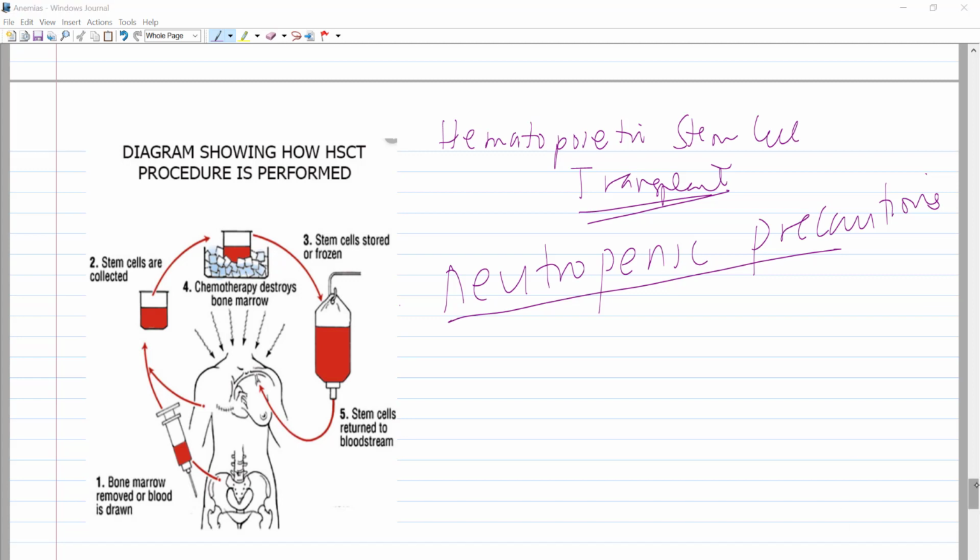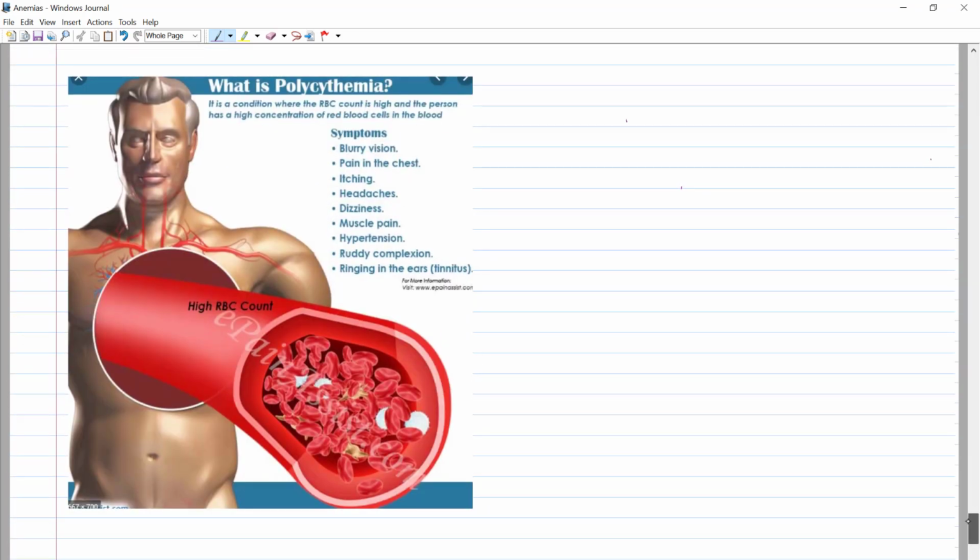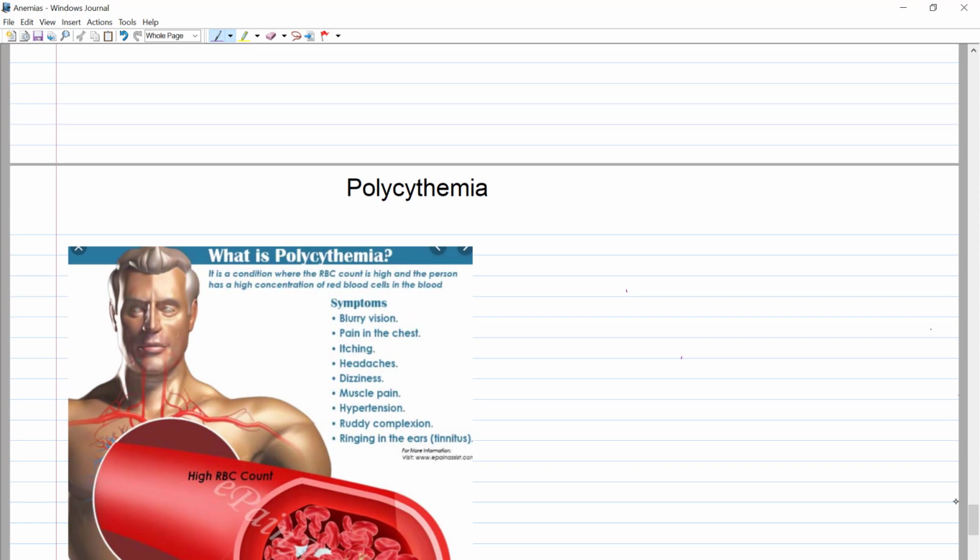All right, so the next type of anemia that we need to talk about is polycythemia. And the thing with polycythemia, what's going on is that there is a high concentration of red blood cells in the blood.